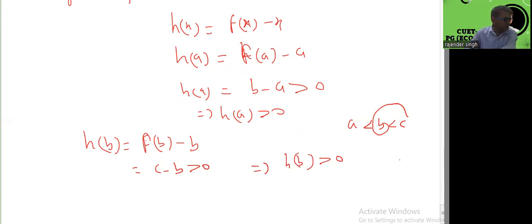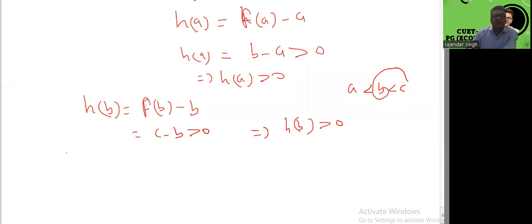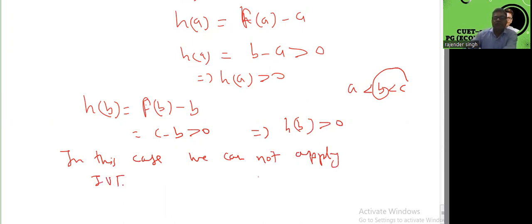So we can't say there exists x belongs to a to b such that h of x equal to 0.